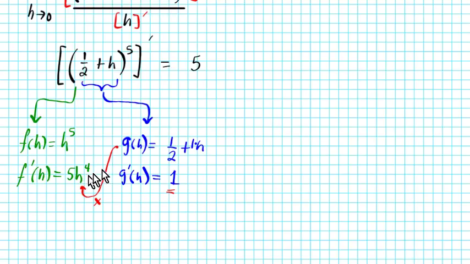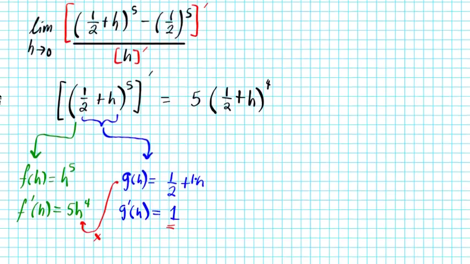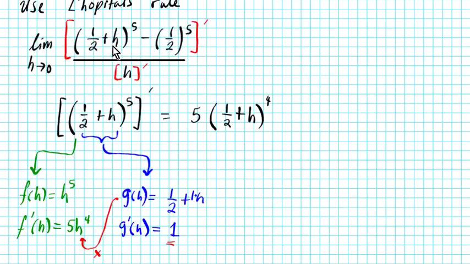Instead of h, you plug in what g of h is. So 5 times 1 over 2 plus h raised to the fourth power times 1. And that's the derivative of the first term in the numerator, the quantity to the left.